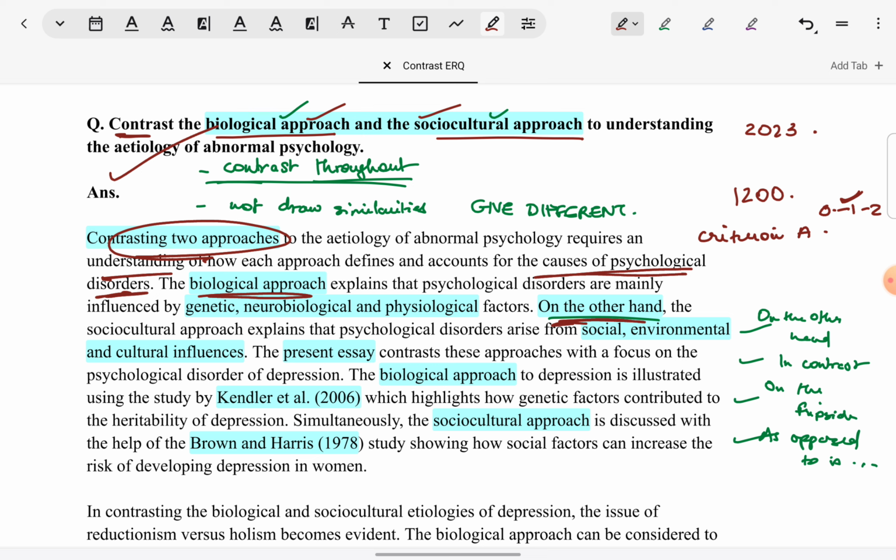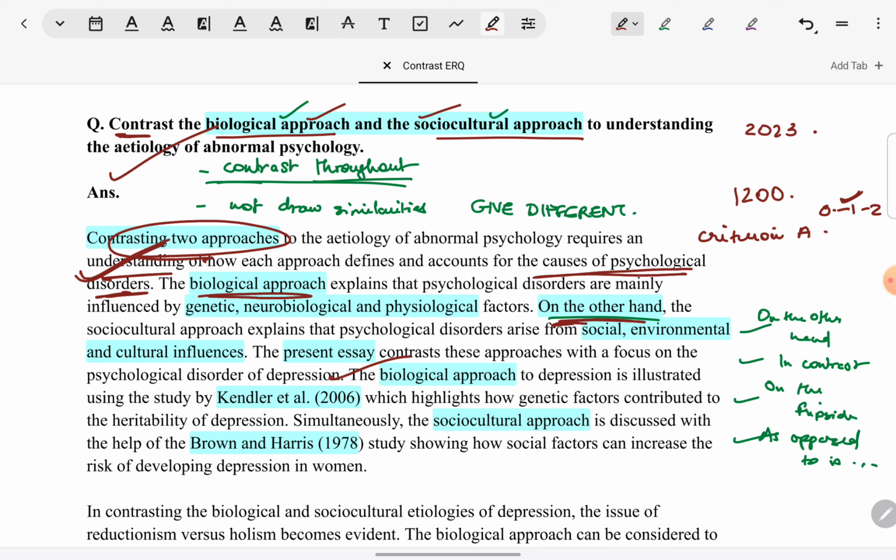So what is the purpose behind contrasting? That has been explained over here. So we've gone a little deeper into the problem. Instead of just saying this is what the biological approach is, that is what the socio-cultural approach is, why we need to consider these approaches and why we need to differentiate between them has been explained in the very first sentence. So that accounts for explaining the problem.